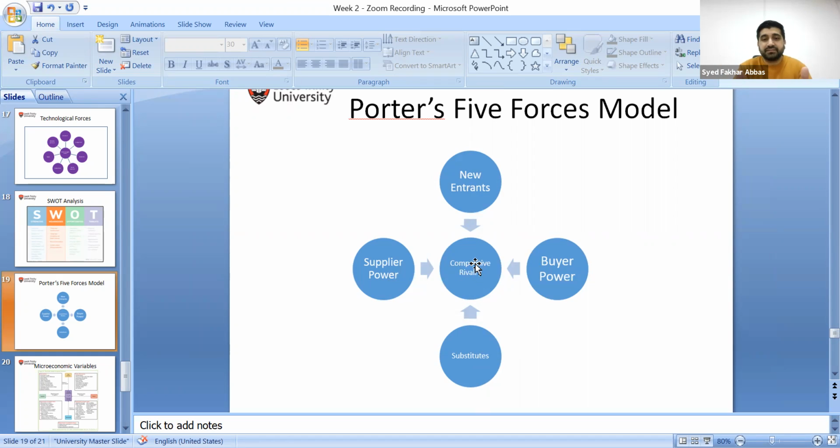In any market, in any business environment, there are five basic forces. Those forces exist in that environment, and they affect the companies.